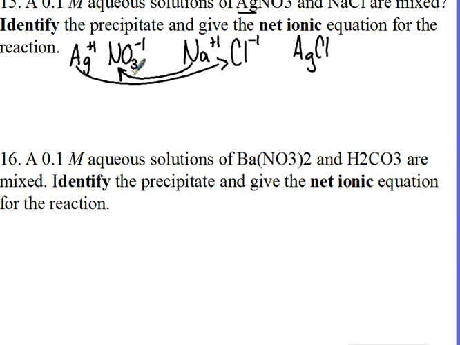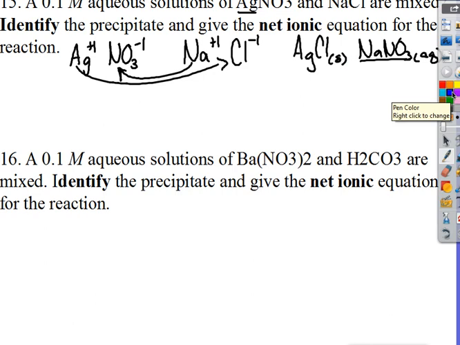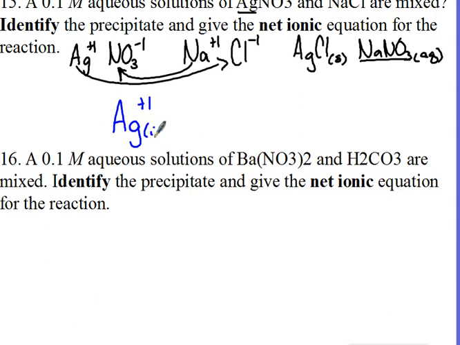Sodium goes with nitrate, NaNO3. All nitrates are soluble, so this is aqueous. You look up chlorine, it's soluble except for when it's with silver, so that makes it my solid. And I'm just going to write my ions that go into making this solid. Remember that sodium and nitrate are spectator ions.